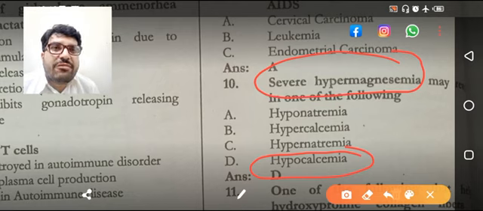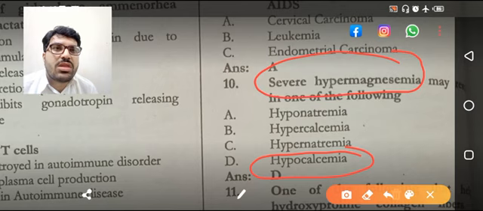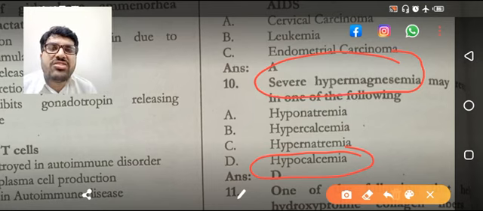But if the question says hypomagnesemia causes what? For all hormones in the body that are released, they need calcium, but for the release of PTH hormone, the body needs magnesium. So hypomagnesemia causes hypoparathyroidism, and that causes hypocalcemia. So hypomagnesemia causes hypocalcemia overall.